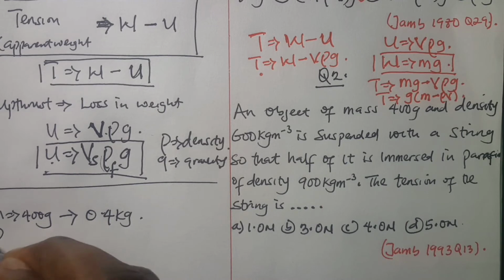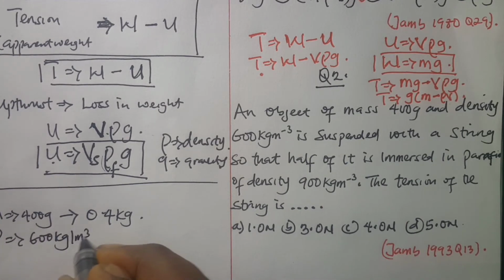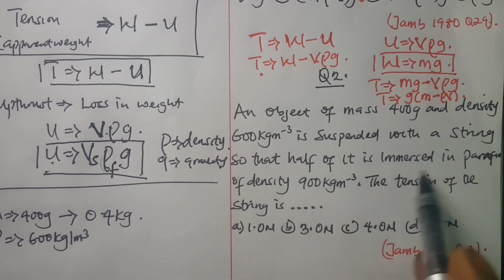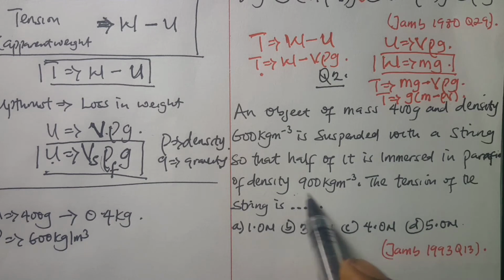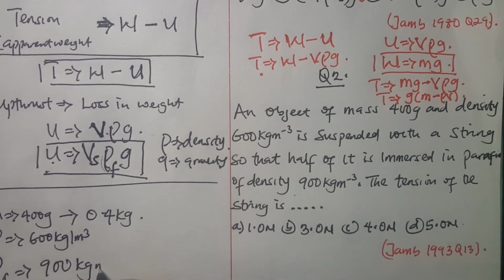That means rho is 600 kilogram per meter cube. It is suspended with a string so that half of it is immersed in paraffin of density 900. So the density of the fluid here, you have to understand, is 900 kilogram per meter cube.